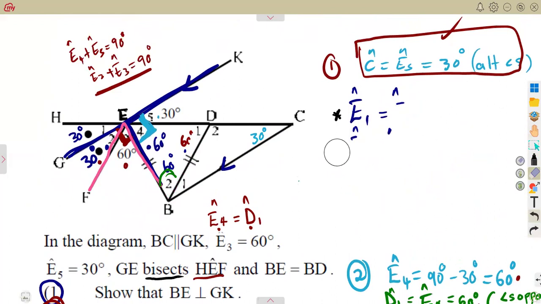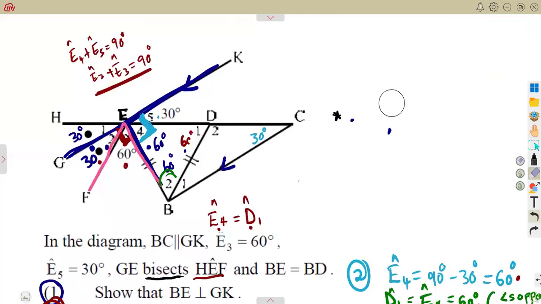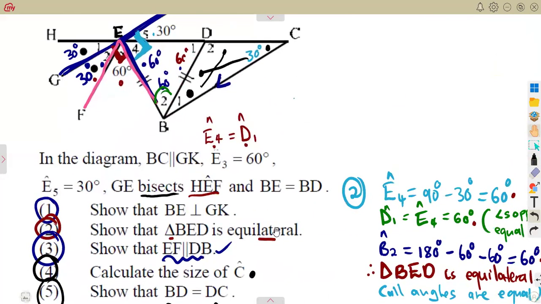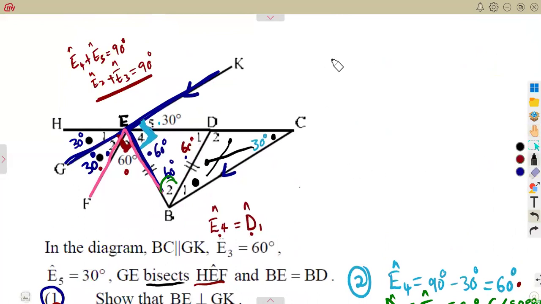Remember the concept that if the angles are equal, if this angle B1 and C are equal, the sides opposite must be equal. So whatever we need to prove on question number 5 about these two sides, BD and DC, must be from the angles. As long as you can prove that angle B1 is equal to angle C, we are done. So we stated that angle C is equal to 30 degrees. We have this.